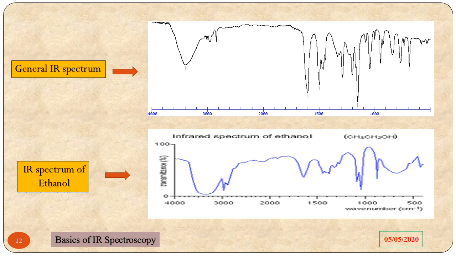The infrared spectrum of ethanol shows the absorption peaks of the hydroxyl group, that is OH, between 3000 to 4000 centimeter inverse, and the region of alkyl groups near about 1000 centimeter inverse.